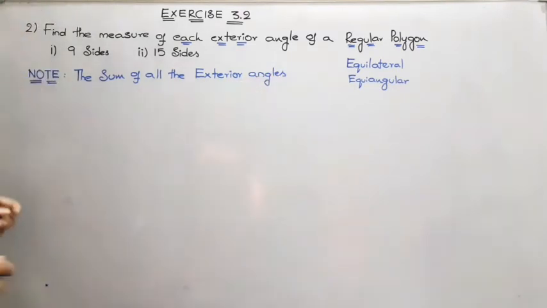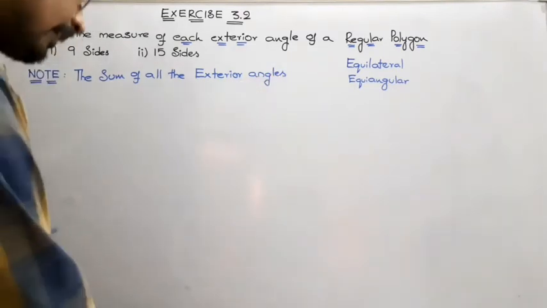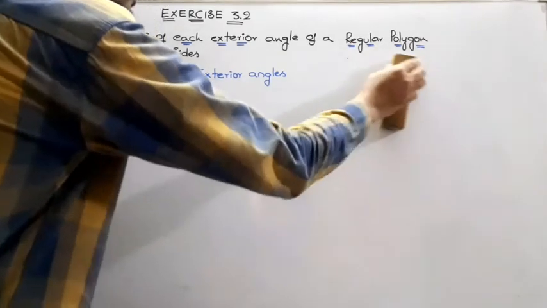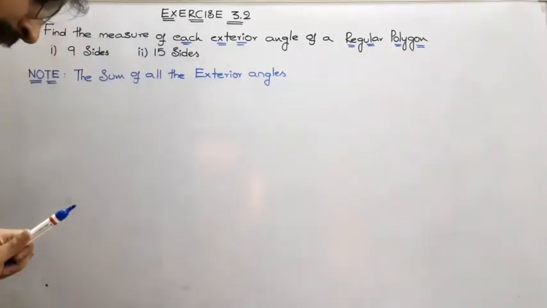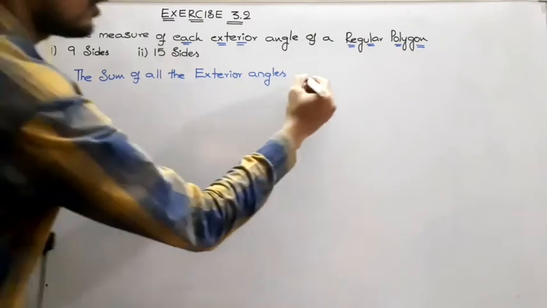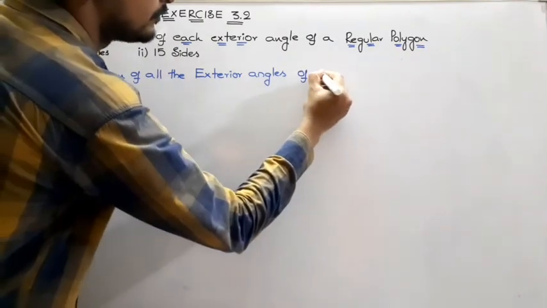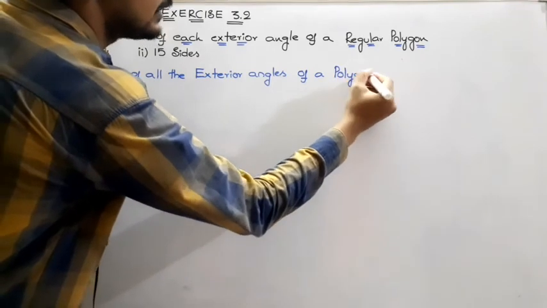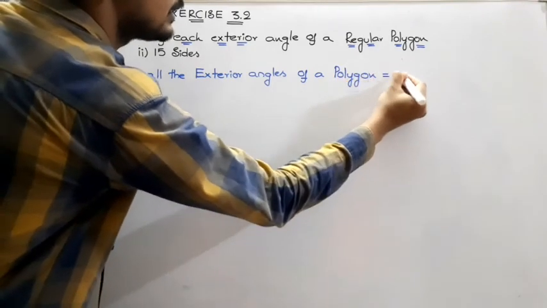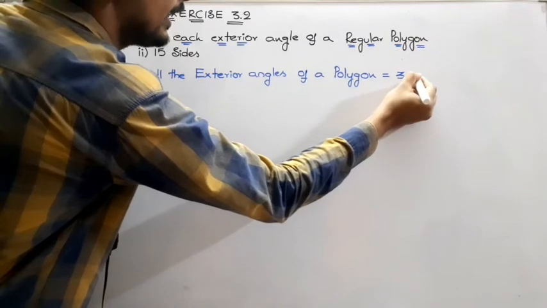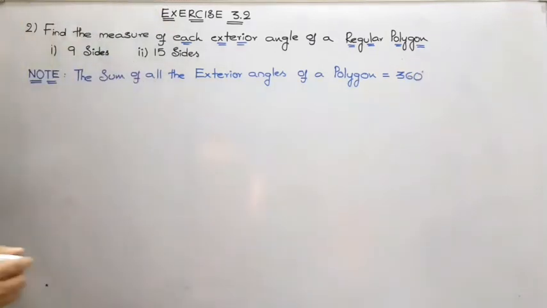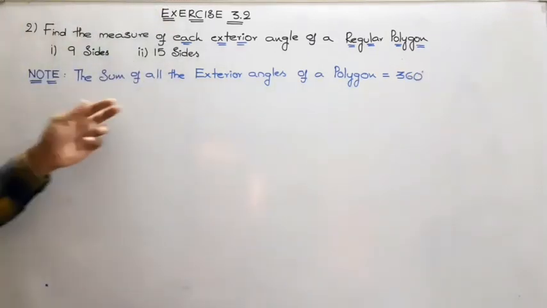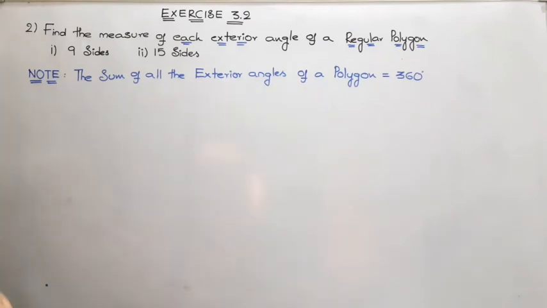The sum of all the exterior angles of a polygon is equal to 360 degrees. Here we don't worry about the sides. Hope you are clear, children. This is applicable to any polygon of any sides. The sum of all the exterior angles of a polygon is equal to 360 degrees.